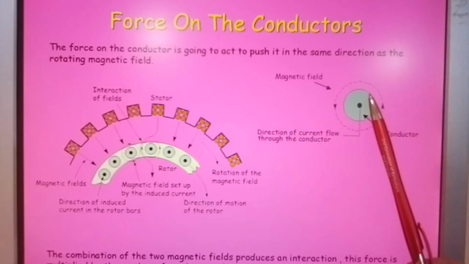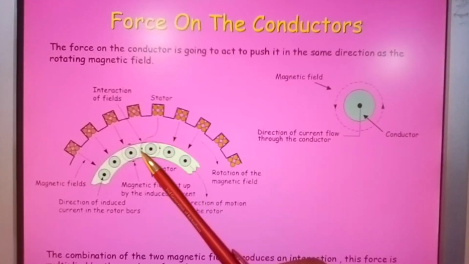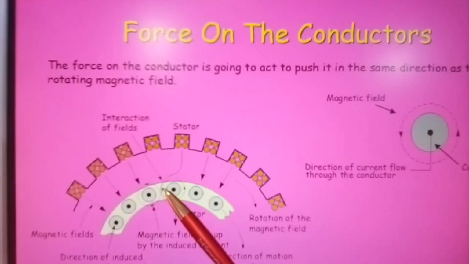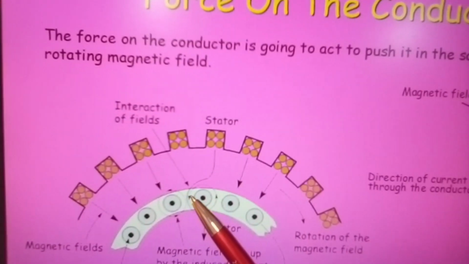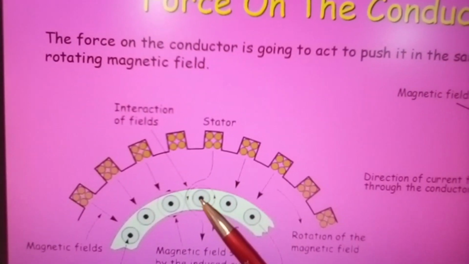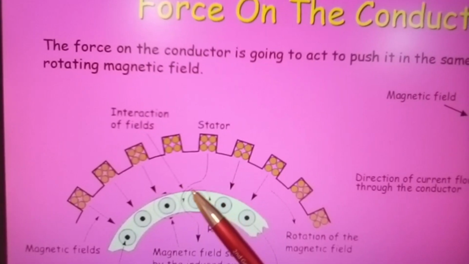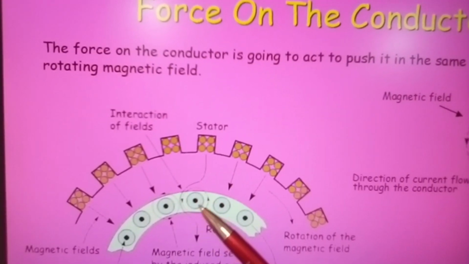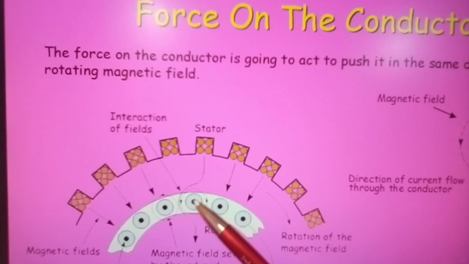But I see what they're saying here now. If you look at this here, let me just go in. Here with the current coming towards me, you can see they're indicating it's the effect around one particular conductor.